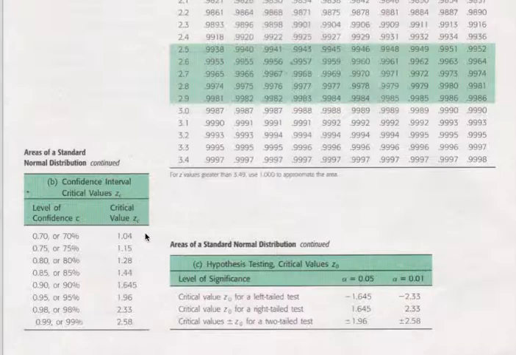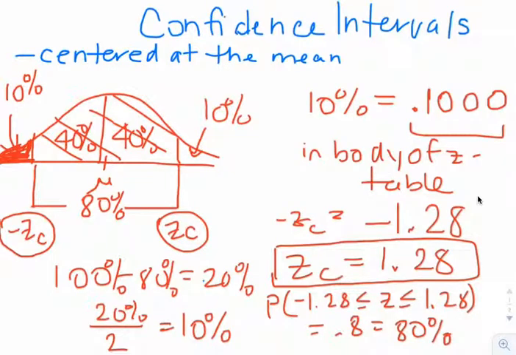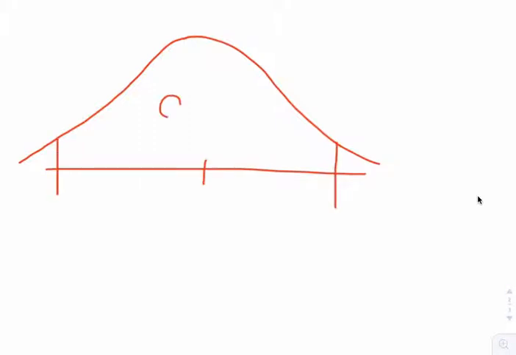And you don't need to memorize them, you'll have your chart. So let's just see again what they reflect. So let's say instead of looking at 80%, let's say I looked at 98%. This tells me that my ZC is 2.33. 98%, 2.33. So let's look at what that would mean in a diagram. So this means if I have a normal curve and I take an interval centered at the mean and I want this whole amount in the center to be 98%.